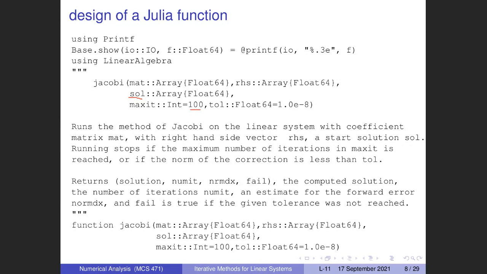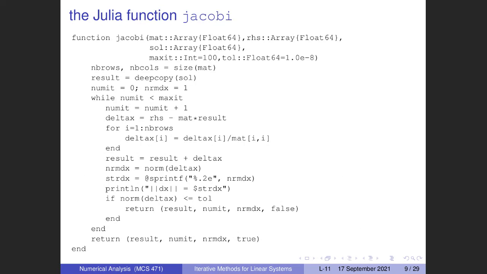So you see the documentation. So the method may fail if we do not reach the accuracy in the allowed number of iterations. So let's now look. Here you see the prototype at the very bottom, again repeated. And let us look at the algorithm.